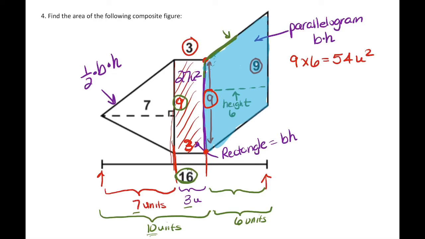We're left with the triangle. Now the triangle, that part right there, I'm going to call that the base. From here to here, remember what I said in a previous lesson: does base mean bottom? Not necessarily, no. But that is the base because there's a height that goes along with it. And this number right there is the height.